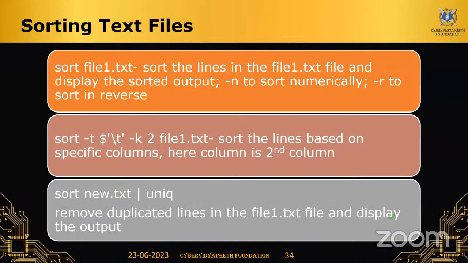After that we have the uniq command. Uniq stands for unique. This command is used to remove duplicate lines from a sorted text file. The basic syntax is uniq, then we will provide the file name.